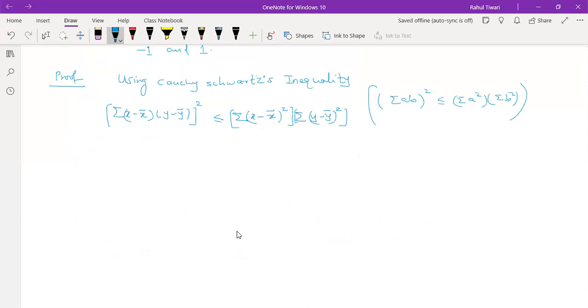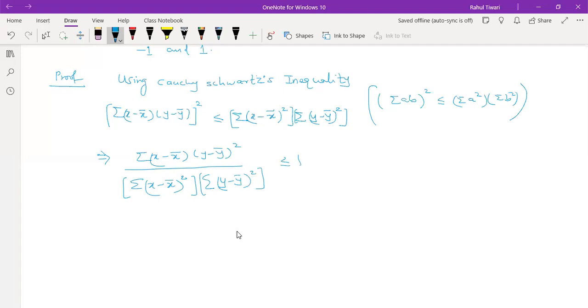The next line is summation x minus x bar into y minus y bar whole square upon summation x minus x bar squared into summation y minus y bar squared will be lesser than or equal to 1.